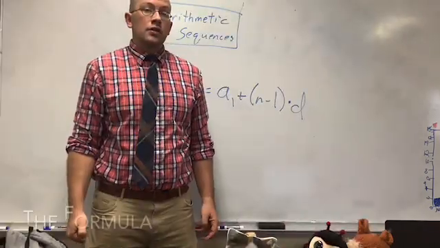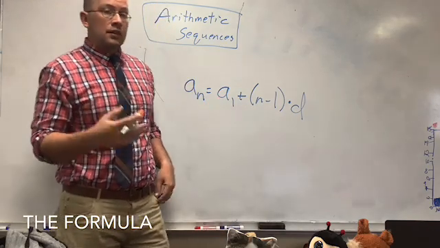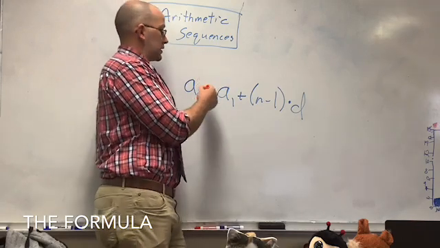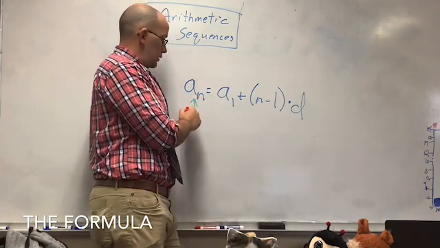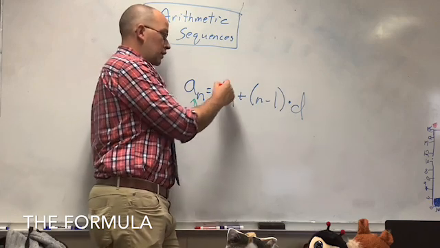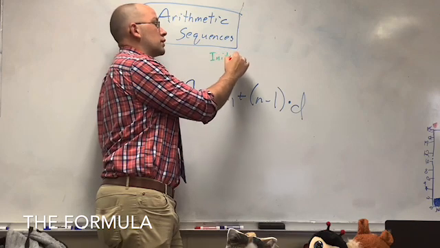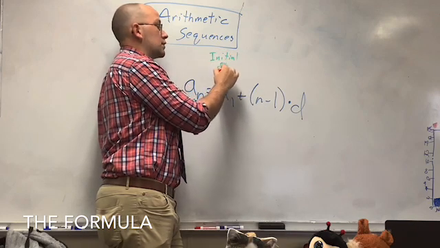All right, here's your formula for an explicit sequence, arithmetic sequence. So this is just the term you're looking for, or your answer. A1 is your initial or your first term.